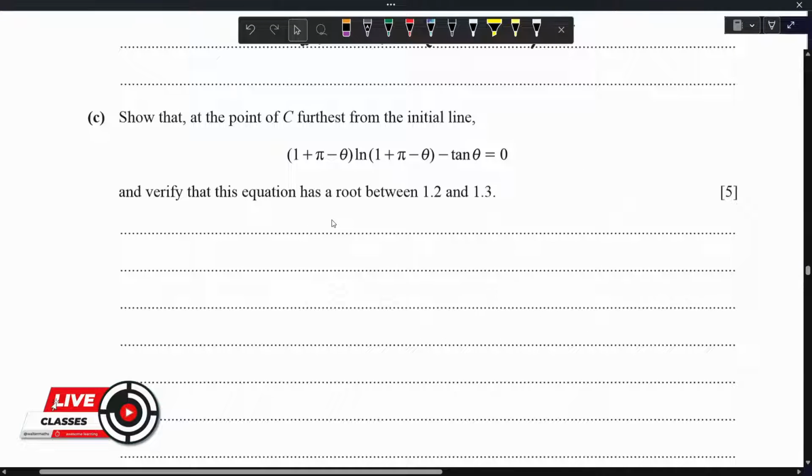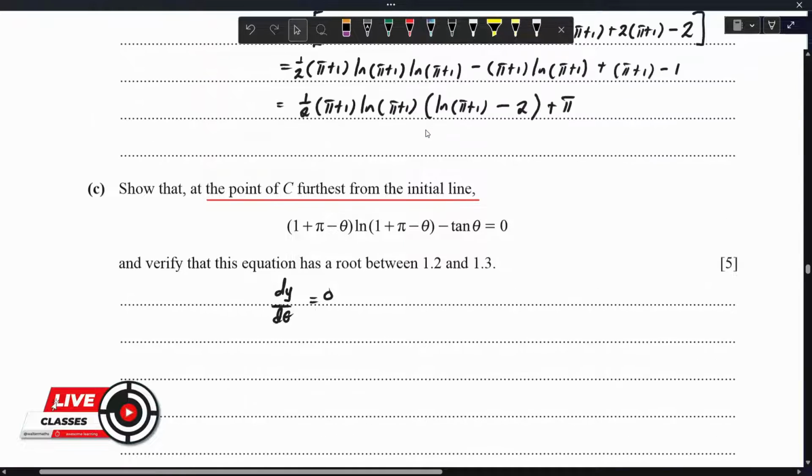Now, on part C, they say, show that at the point of C, furthest from the initial line, 1 plus pi minus theta of ln of 1 plus pi minus theta minus tan theta is equal to 0. Okay. All right. So we're talking about the point furthest from the initial line, and that's when dy by d theta is equal to 0.